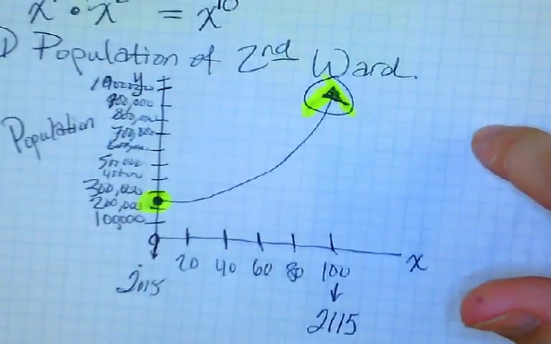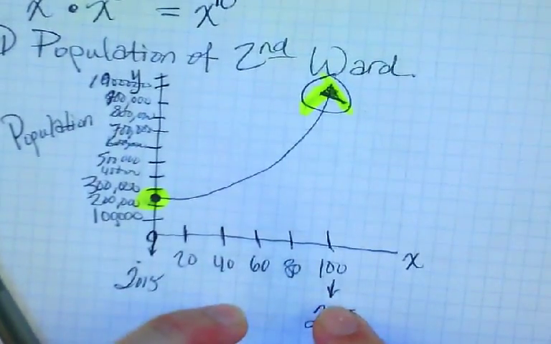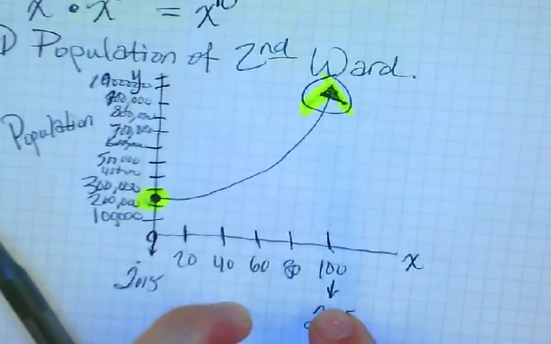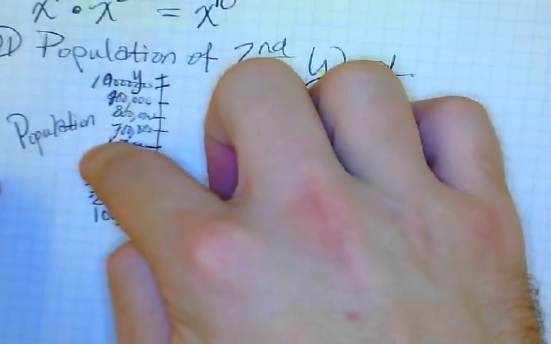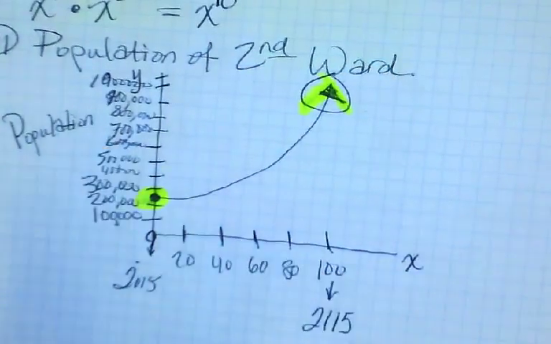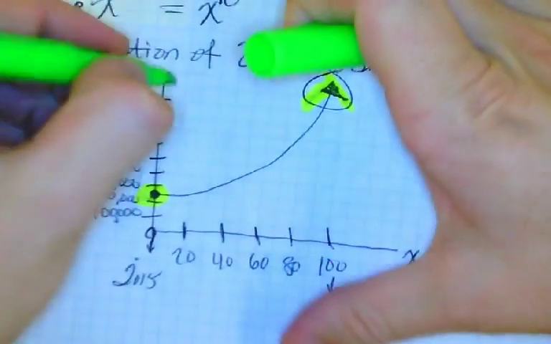Is this your range or is this your range? Okay. So my range should be population? Okay, so for this question, for range, we're only going to be looking at this part of the graph.